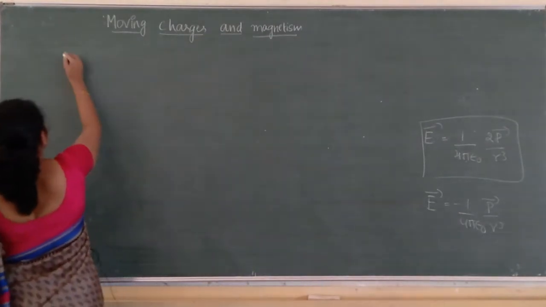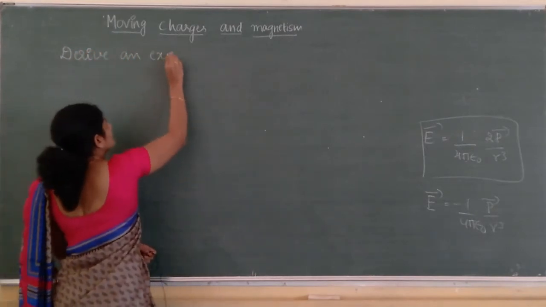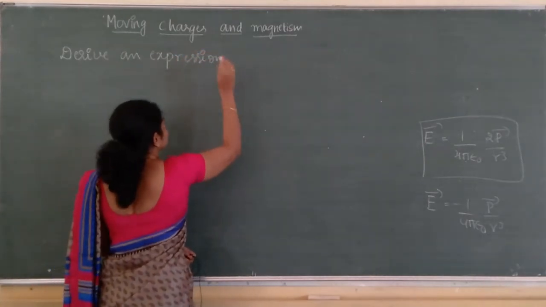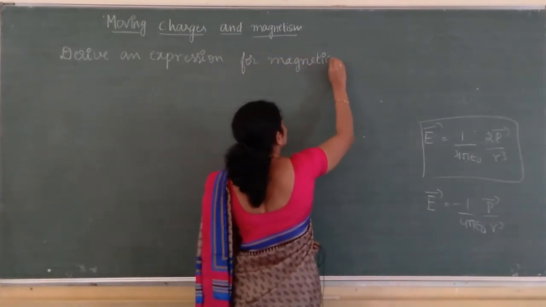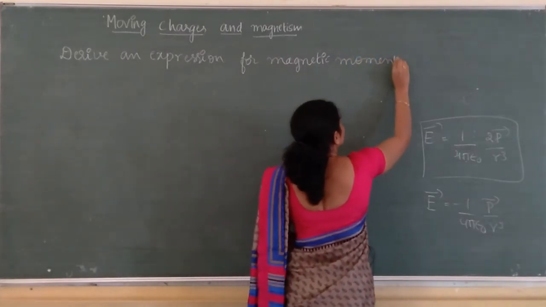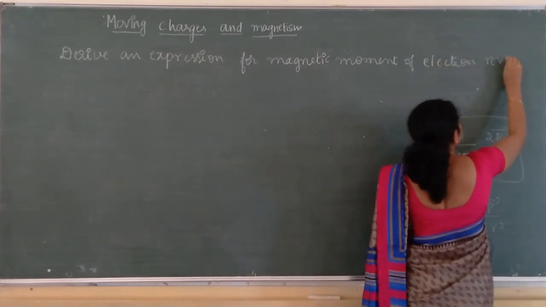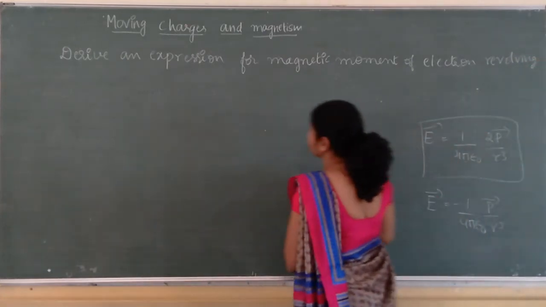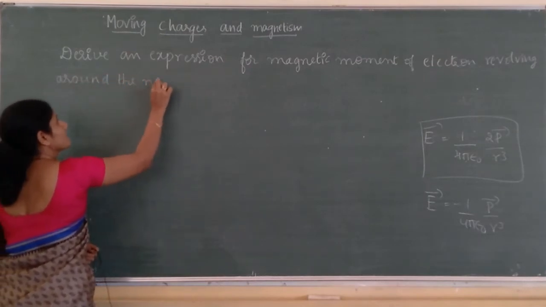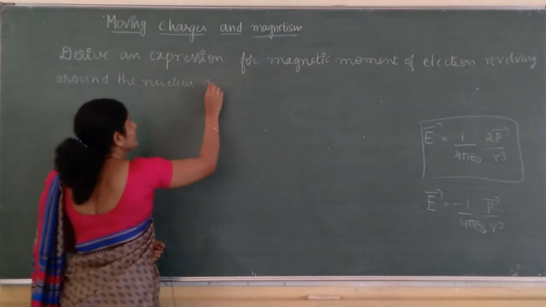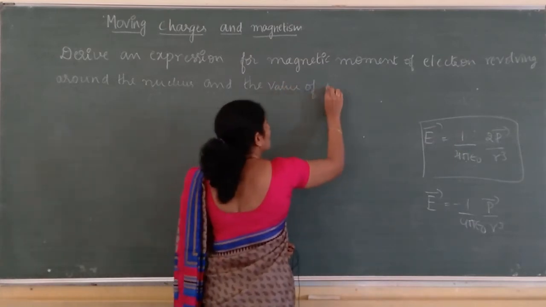Now, let us derive an expression for the magnetic moment of an electron revolving around the nucleus, and the value of Bohr magneton.